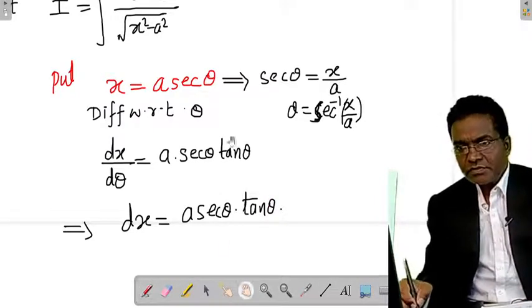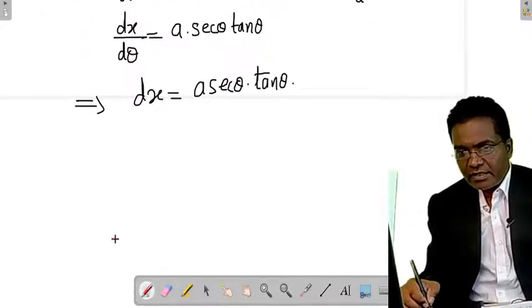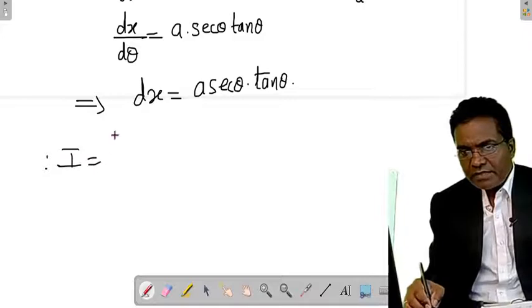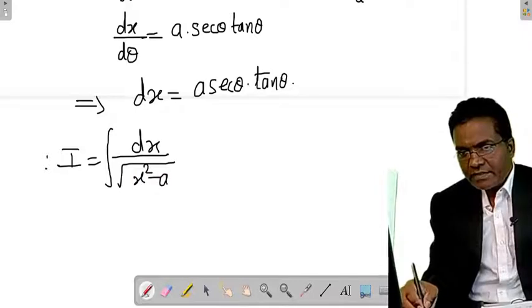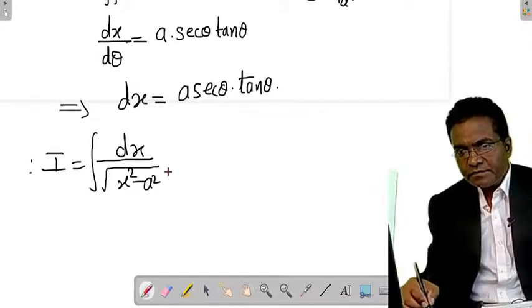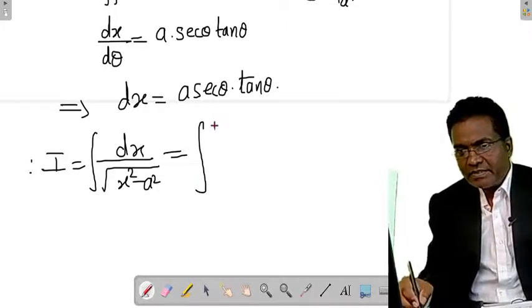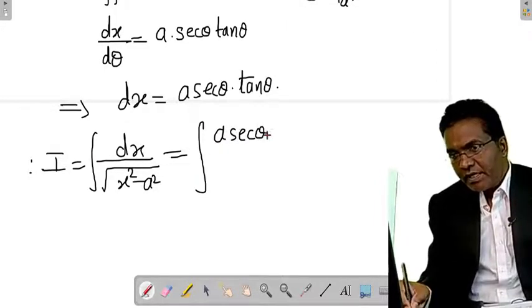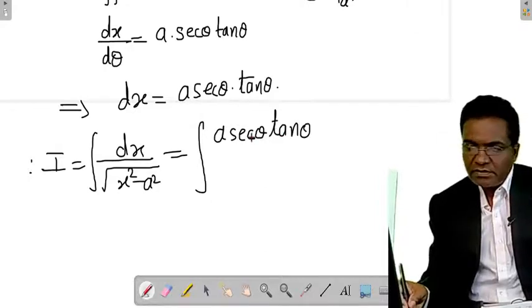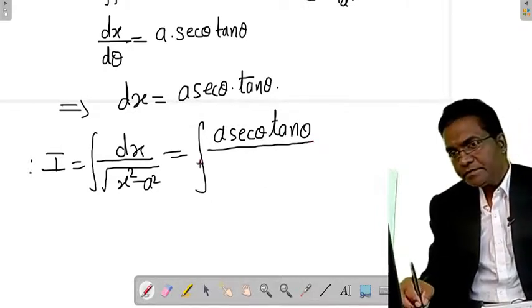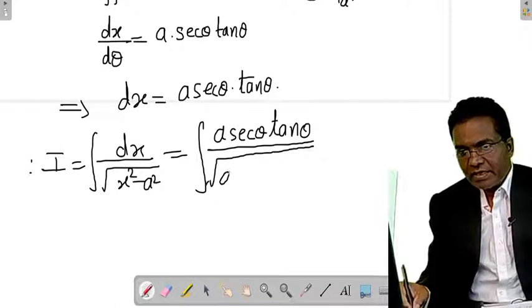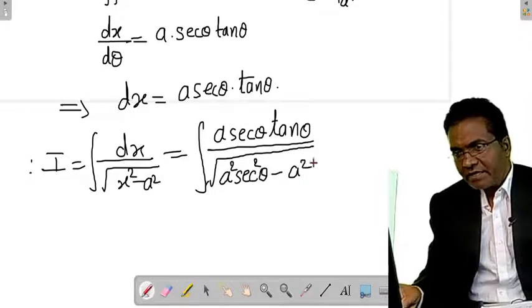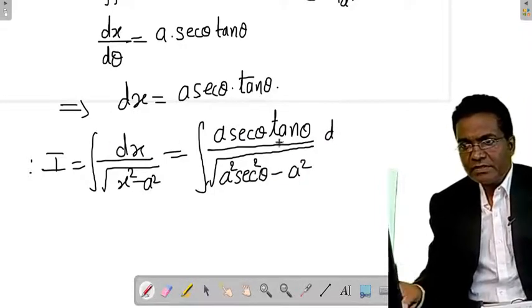Now substitute in this. Let me write that I, whatever I had, is the integral of dx by square root of x squared minus a squared, which is equal to, dx means this much, a sec theta tan theta, whole divided by square root of, x means a sec theta, so I can write a square secant square theta minus a square, as it is into d theta.